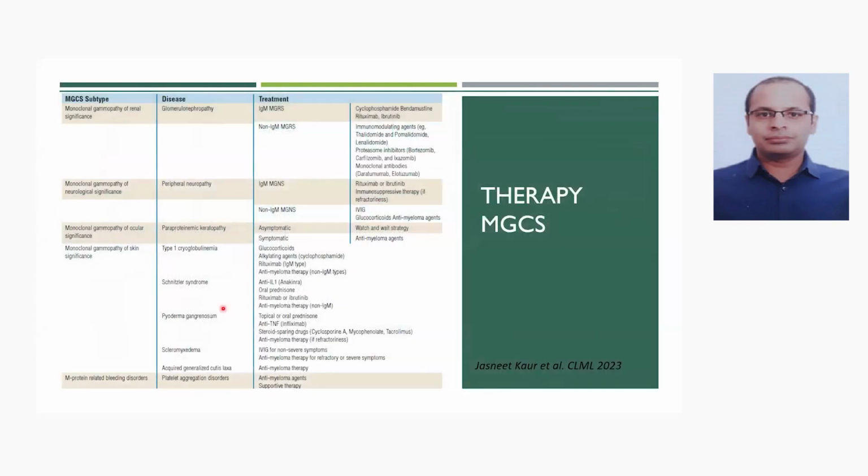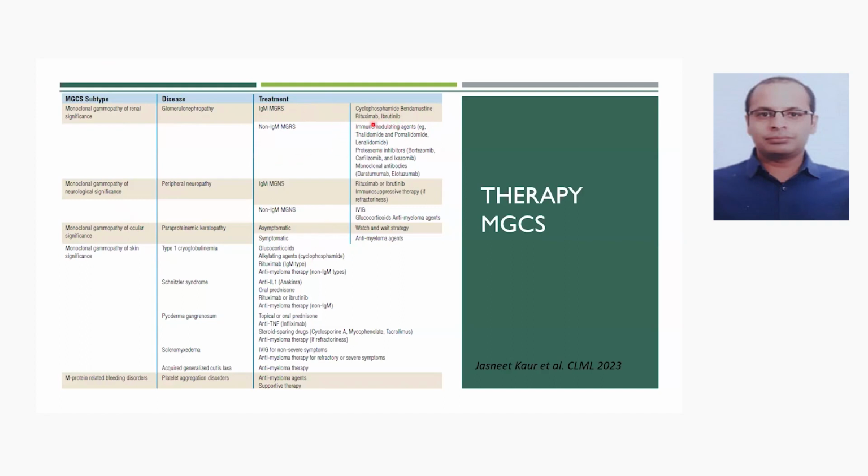So if we summarize, these are various therapies of MGCS. What we have here is starting from the renal, neurological, ocular, and skin. If the IgM type is there, we give lymphoid clone therapy with bendamustine rituximab or ibrutinib.